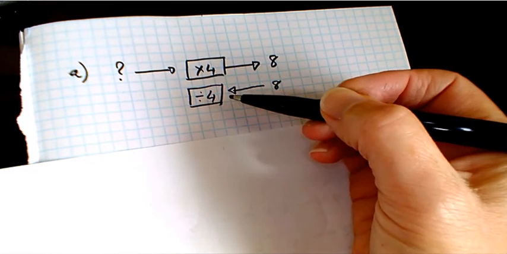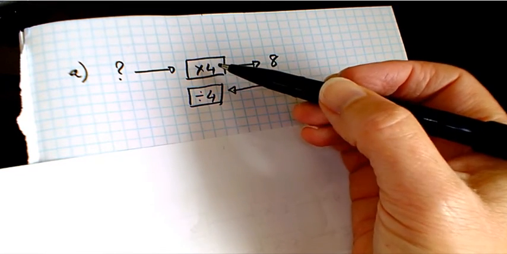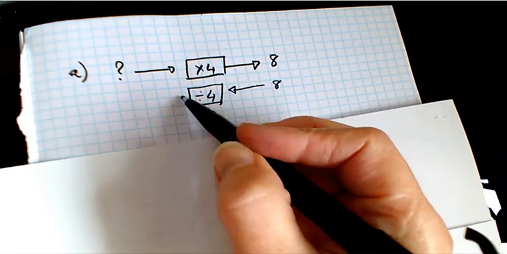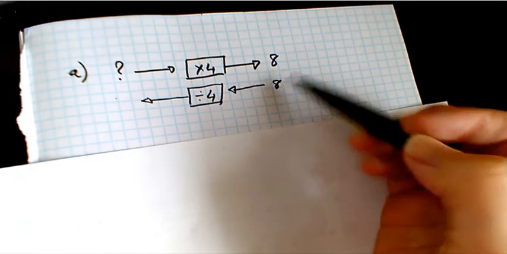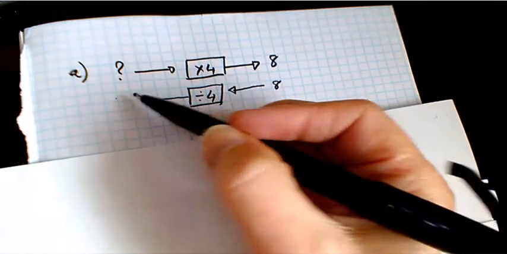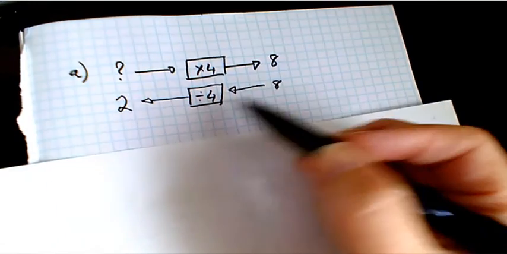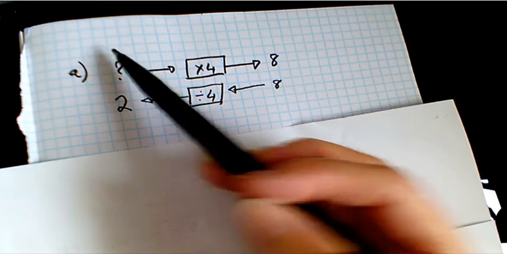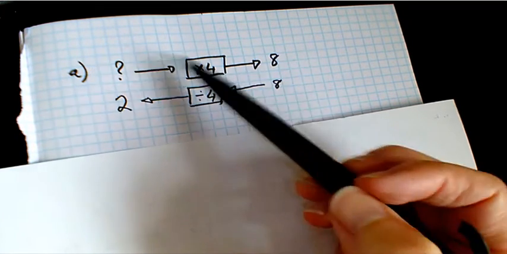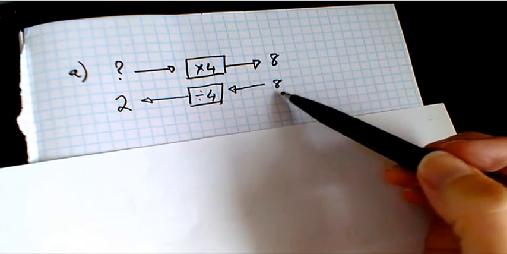It is the opposite. It is the inverse function. And then that's going to give me what I started with. So 8 divided by 4 is 2. So now we can solve it. Working backwards, if this is 2, do I get 8? So 2 times by 4 is 8, so I know I've done it right.